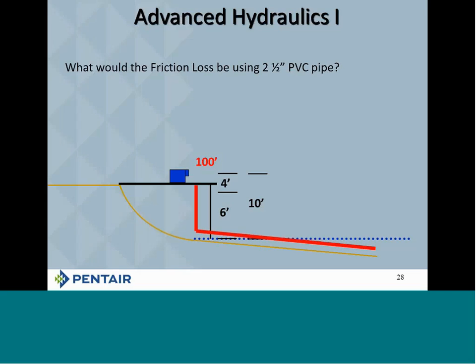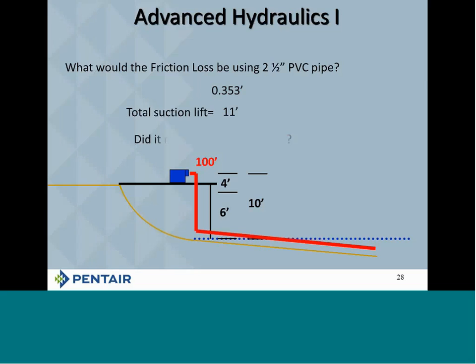Now notice we're keeping the pipe type the same, so we can compare apples to apples as far as friction loss is concerned here. And we're going to find that the friction loss in 2.5 inch pipe is 0.353. So our total suction lift, if you round things off, is going to be about 11, which was the same as it was before.